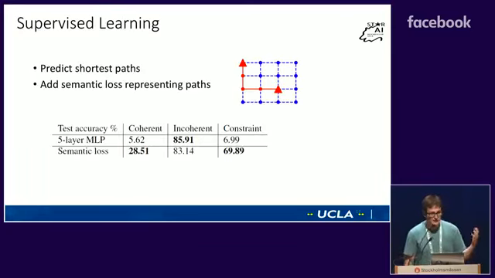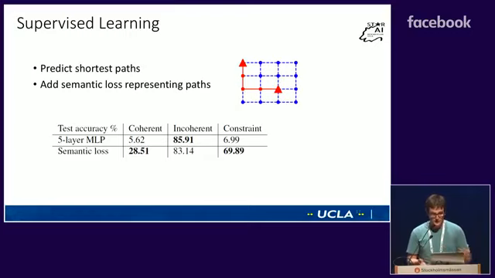Okay, so let's look at some empirical evaluations. We want to make sure that this is doing what we think it's doing. So first we start with supervised learning. So we're going to say you have a grid. We're going to randomly remove a bunch of edges, and then we're going to pick two nodes, and we're going to try and have the network predict the shortest path between them. And it's going to do that by basically giving us a binary output for every edge, telling us whether or not it's included in the shortest path.